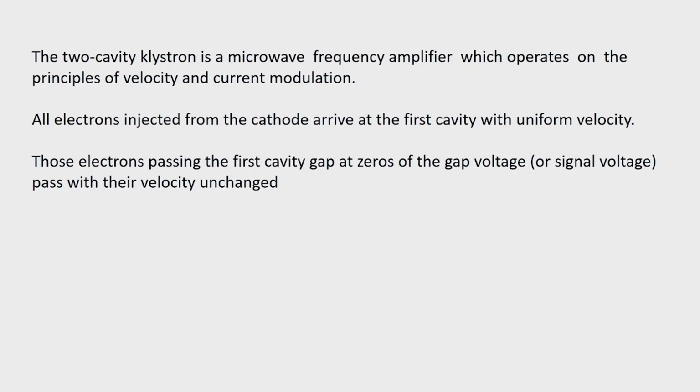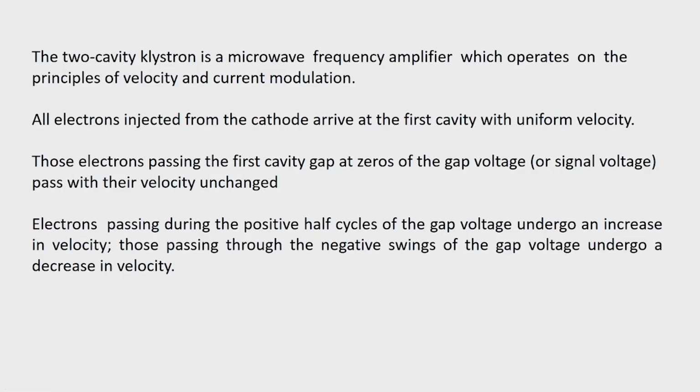So, if it happens that the electrons appear at the buncher cavity at an instant when the RF signal is going through its zero, at that time the electron's velocity will remain unchanged. Electrons passing during the positive half cycle of the gap voltage undergo an increase in velocity, and those passing through the negative swings of the gap voltage undergo a decrease in velocity.